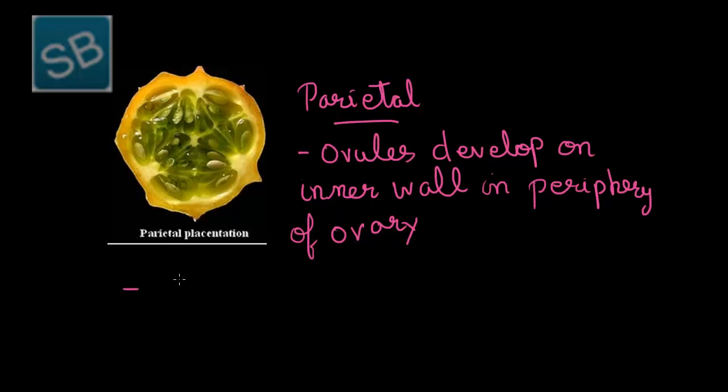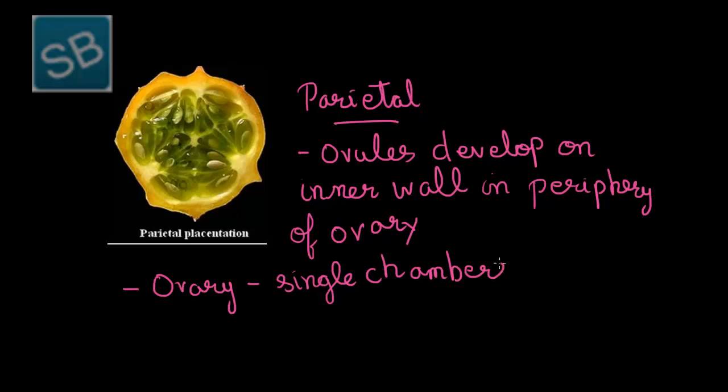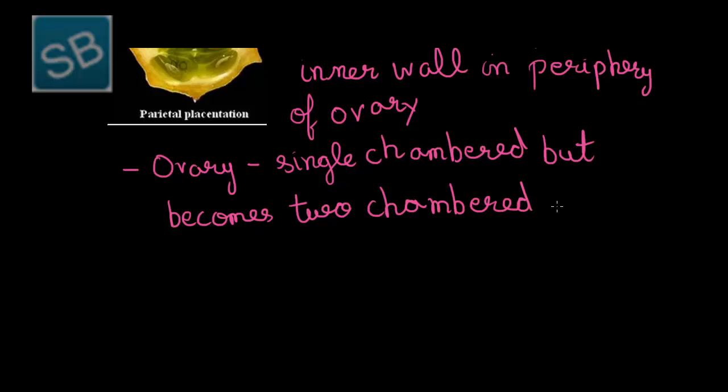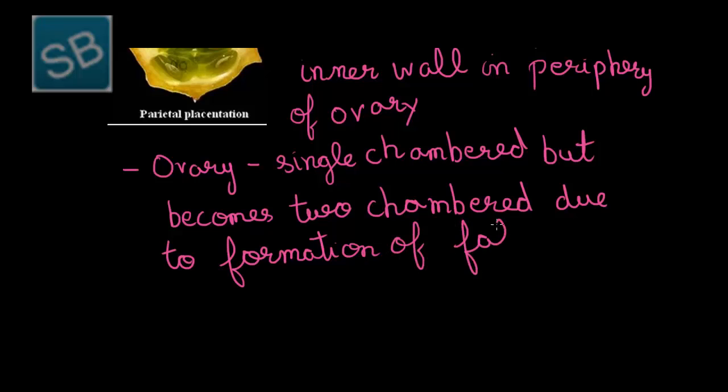Here, the ovary is unichambered or single chambered, but it becomes two chambered due to the formation of false septum. Examples: mustard and argemone.